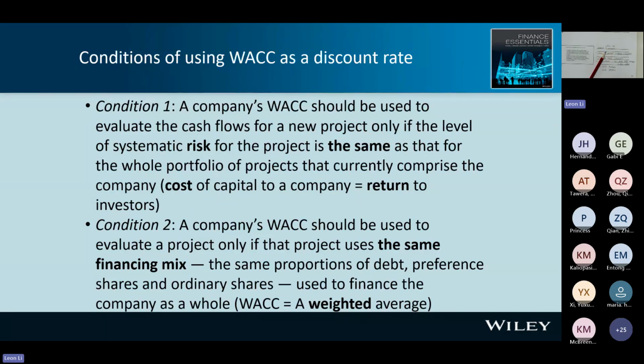The other piece of information I need is the weight. So when we do the WACC calculation, so far our focus is how the money is raised. Right? The WACC is based on the current capital structure of the firm. Right? However, when we consider a new project, we discuss how the money is used, right?